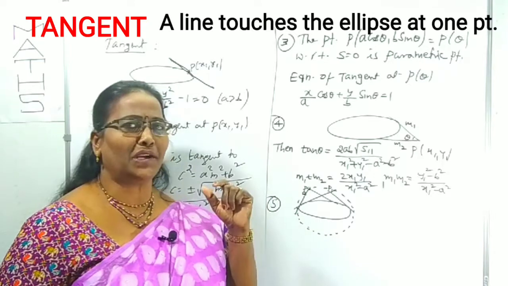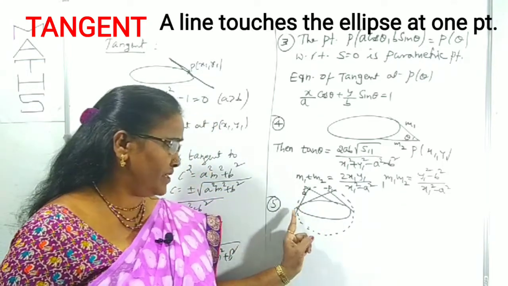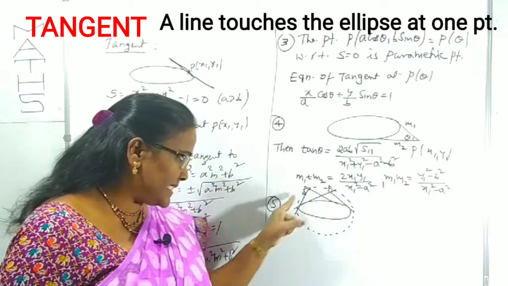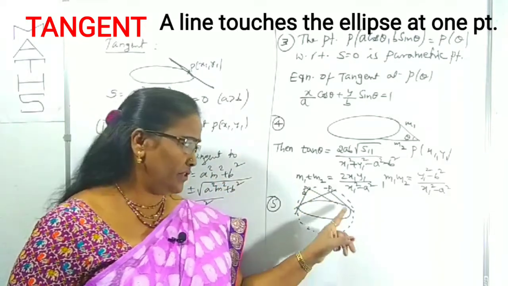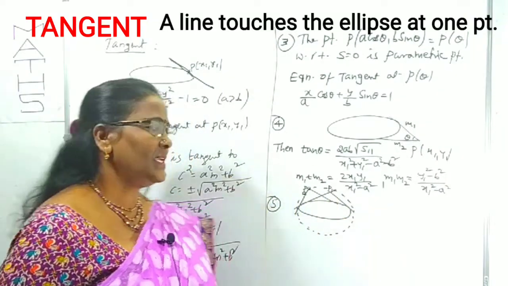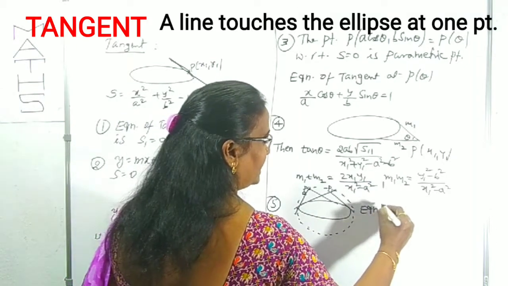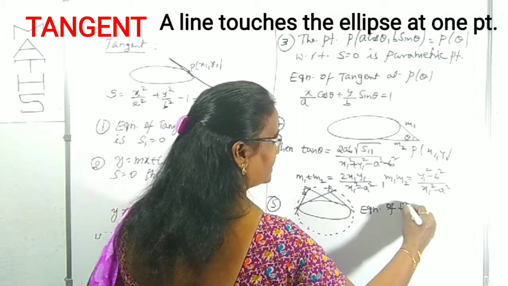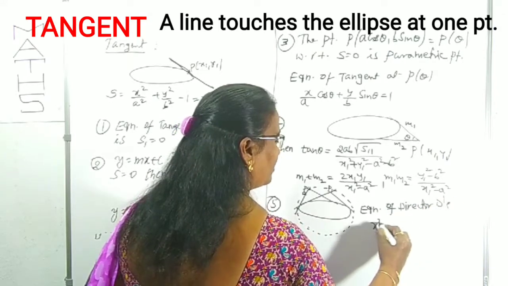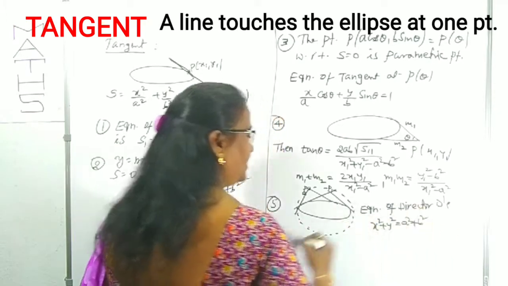It is the locus, meaning the set of points of intersection of perpendicular tangents drawn to the ellipse. Clear? So the equation of the director circle is x square plus y square is equal to a square plus b square.